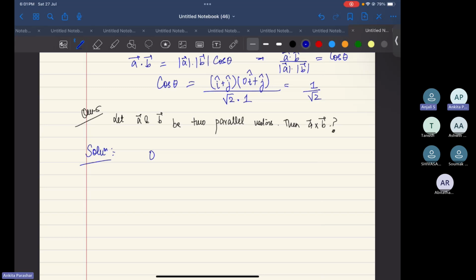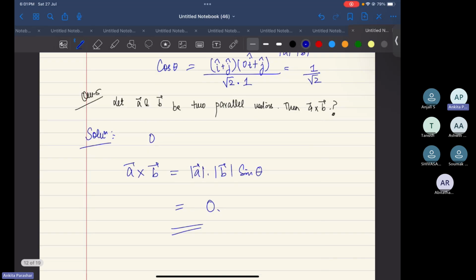Formula wise, it is mod A mod B sine theta n cap. So theta is the angle between the vectors A and B, and because they are parallel, the angle will be 0. So sine 0 is 0. Since the two vectors are parallel, the angle between them is nothing but 0, and therefore your cross product comes out to be 0.